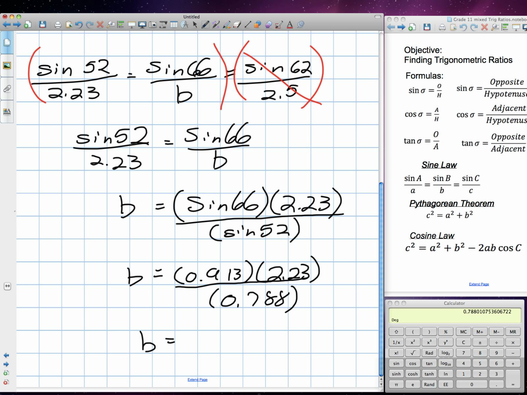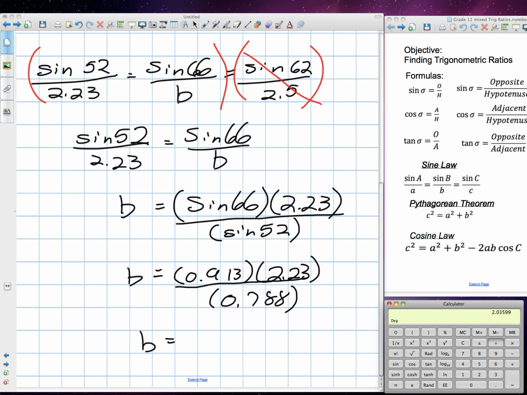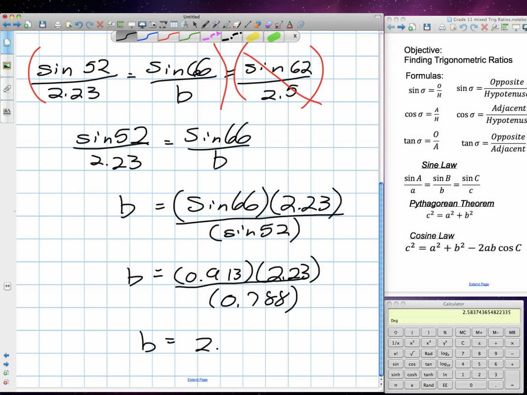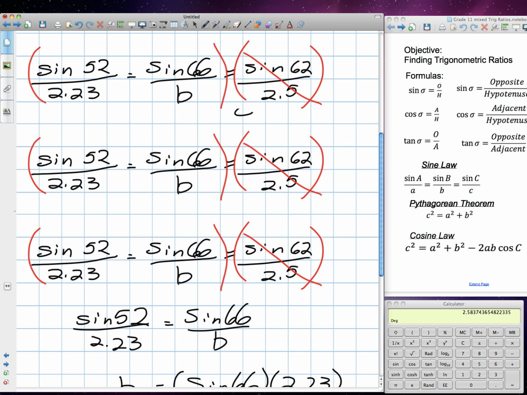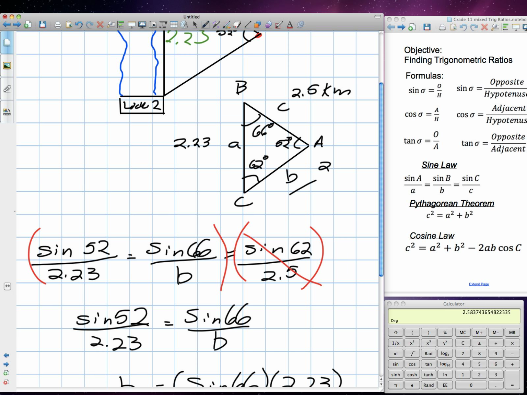Side B is 0.913 times 2.23 divided by 0.788, which is 2.58 kilometers. So we've now discovered side B is 2.58 kilometers in length. Okay?